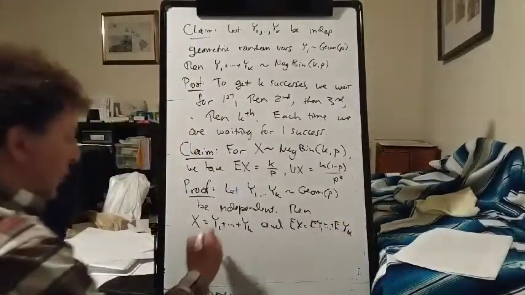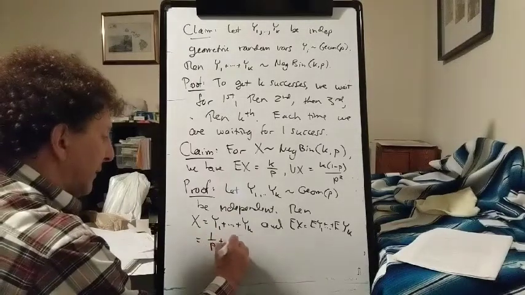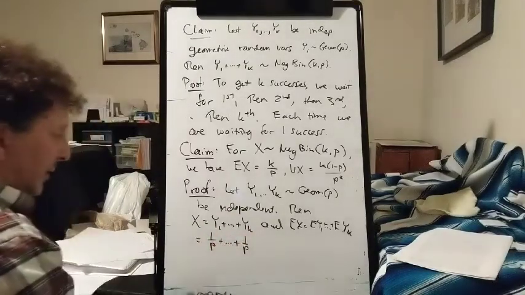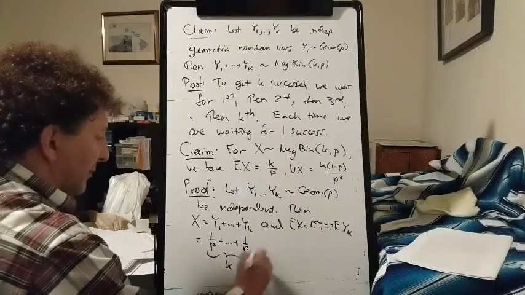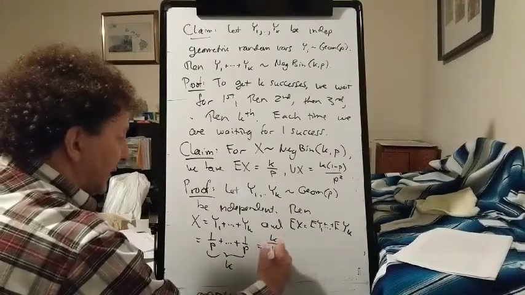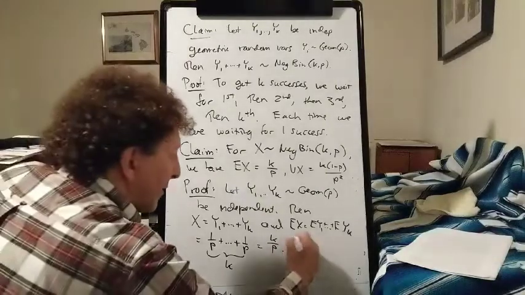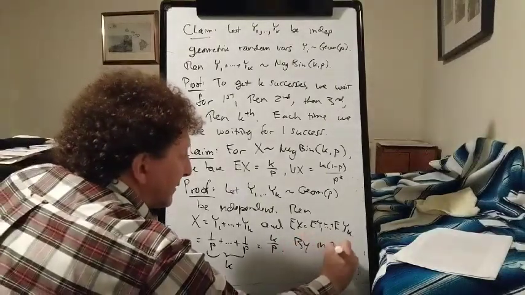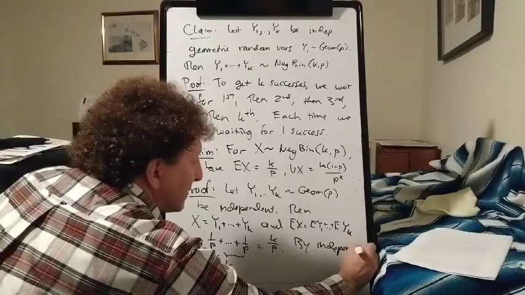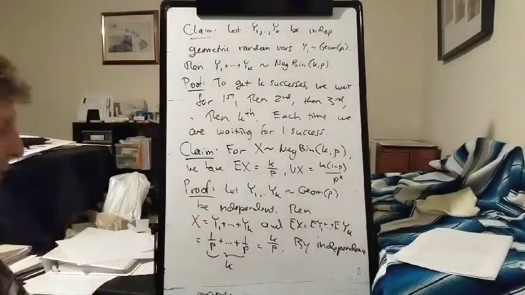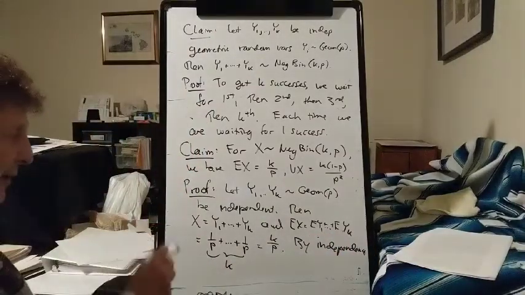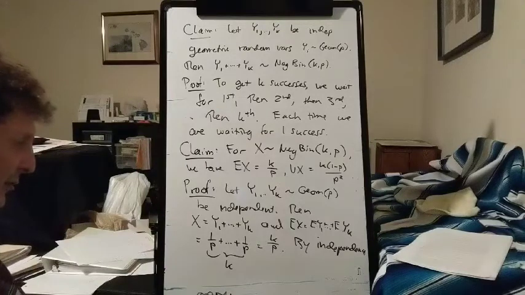The expected value of each one is 1 over p. And we've got k of them, so that's k over p. Now by independence, we can say that the variance of X is the sum of the variances too.